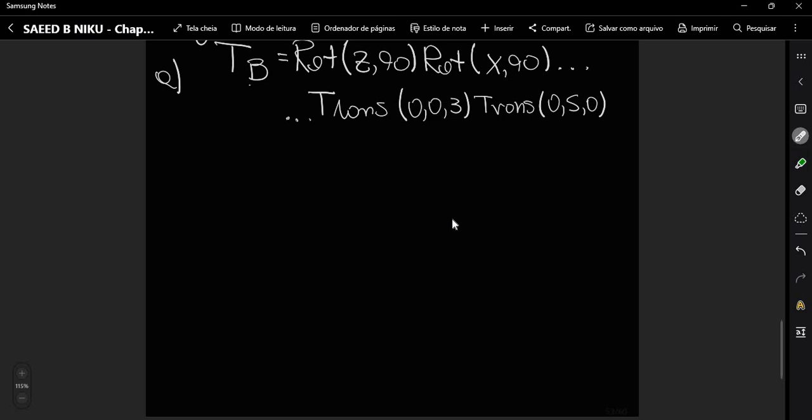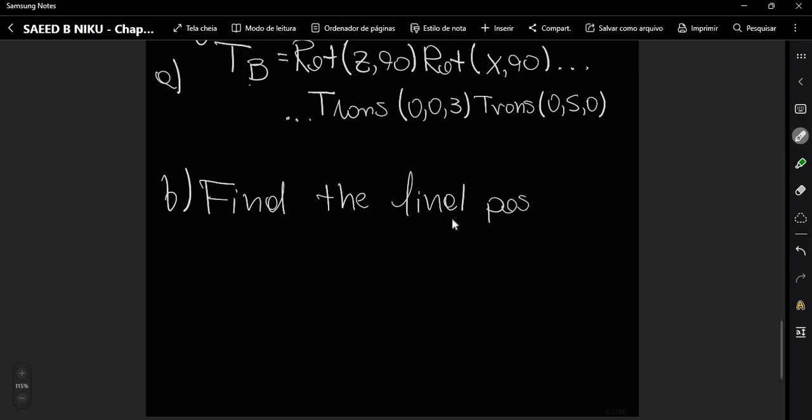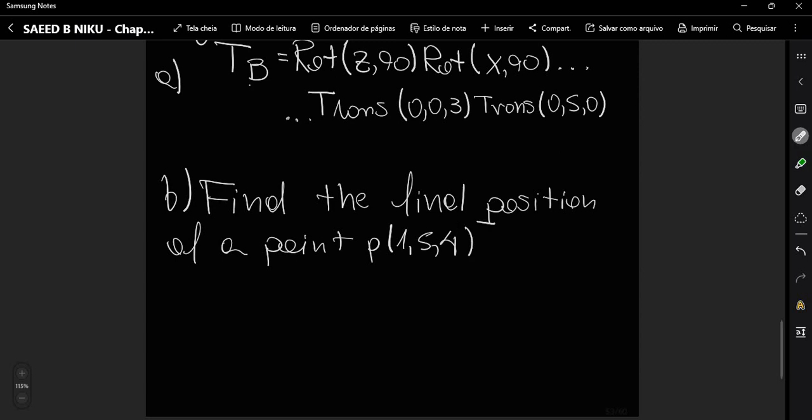And on the letter A, and on the letter B, he asked for us to find the final position of a point P with the following coordinates 1, 5, and 4.